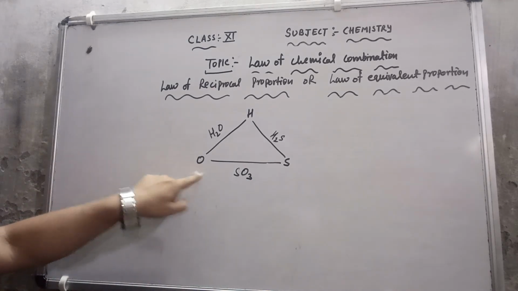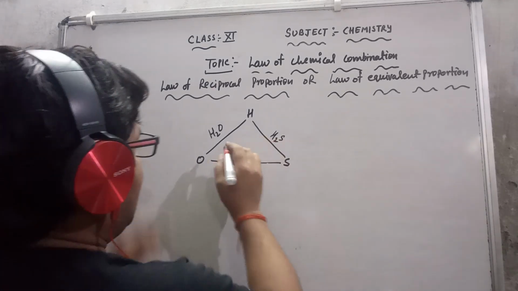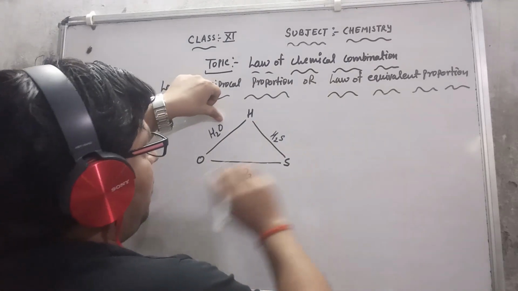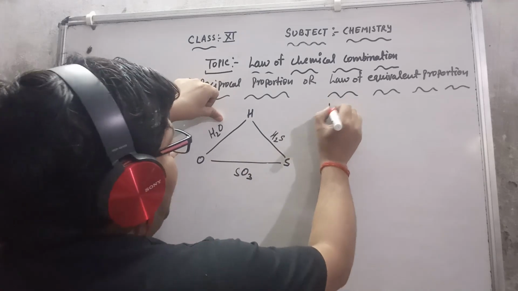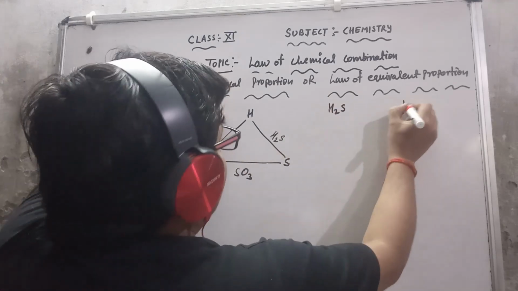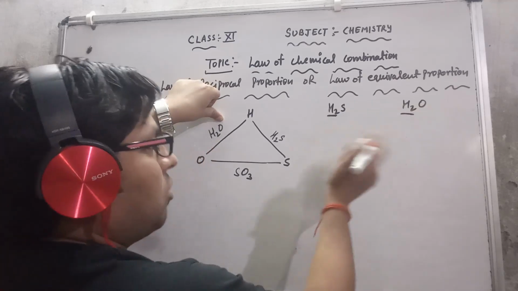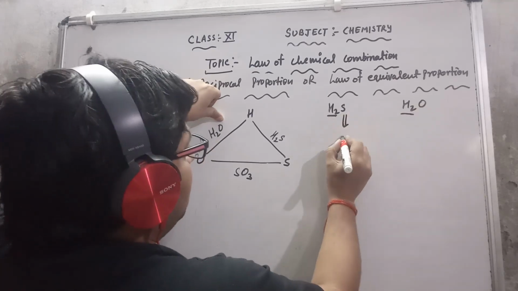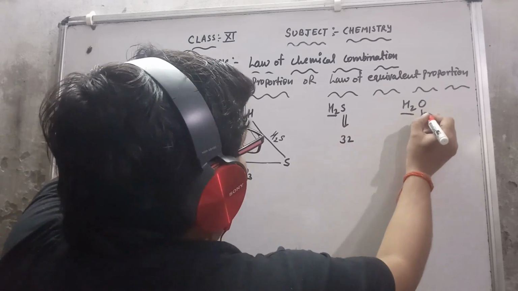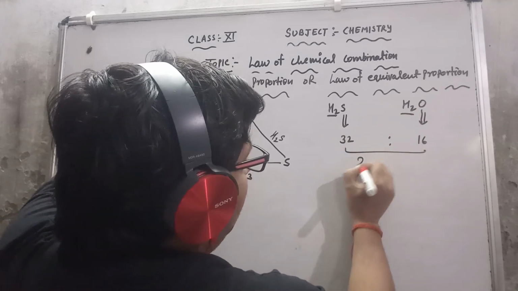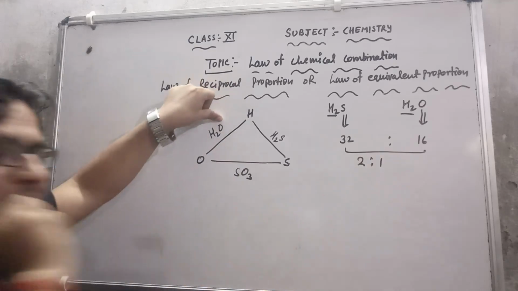Now for SO3, if you see separately when they combine, what is the ratio? In H2S and H2O the hydrogen remains the same 2, so there is no problem. But for sulfur this is 32 and for oxygen this is 16, so the ratio is 2:1.